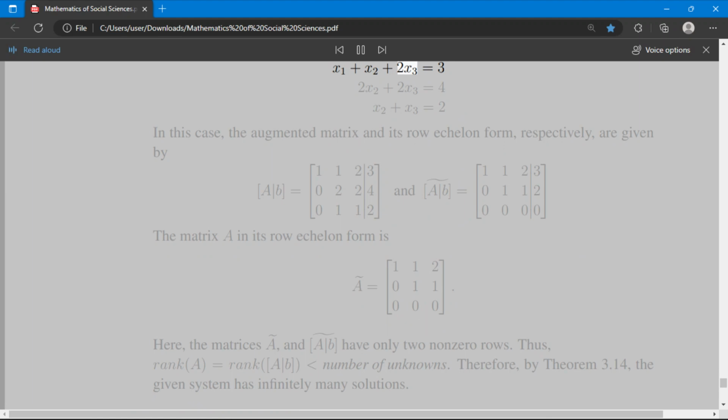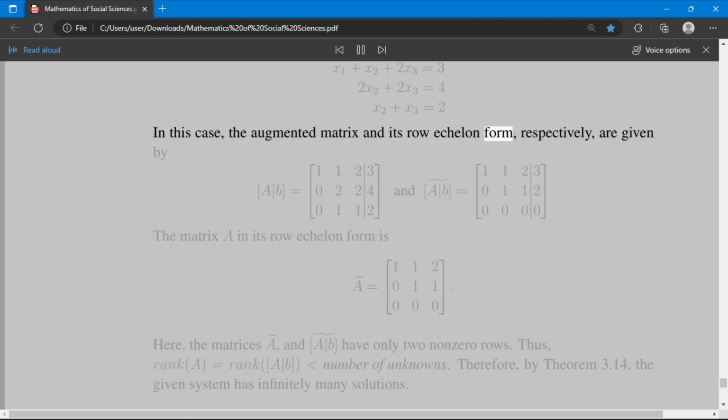B. We have a linear system x1 plus x2 plus 2x3 equals 3, 2x2 plus 2x3 equals 4, x2 plus x3 equals 2.